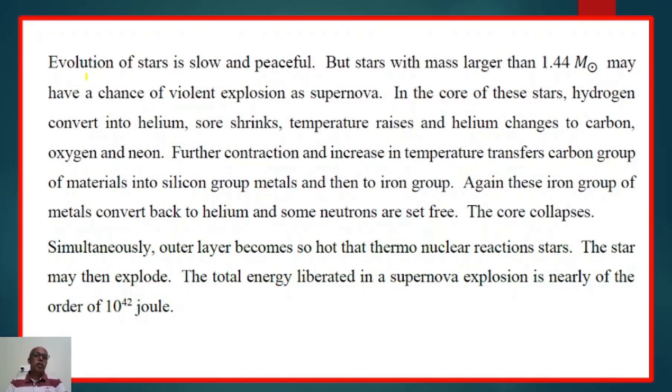Now, the evolution of a star will be very slow and peaceful, but stars with masses larger than 1.44 times the solar mass may explode at a certain stage, and such an explosion is called a supernova explosion. In the core of these stars, the hydrogen has been completely converted into helium.